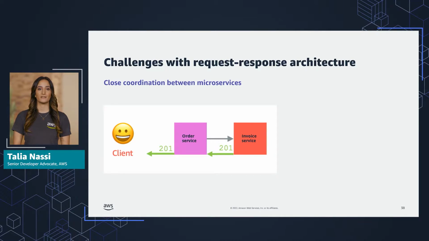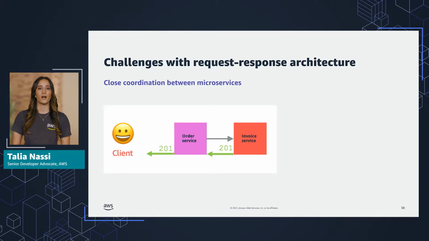When starting to build a new application, many developers default to a request response architecture. A request response architecture tightly integrates components, and those components communicate via synchronous calls. While a request response approach is easier to get started with, it can quickly become challenging as your application grows in complexity.